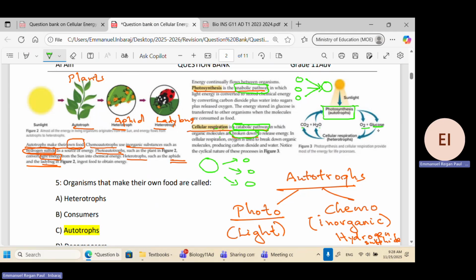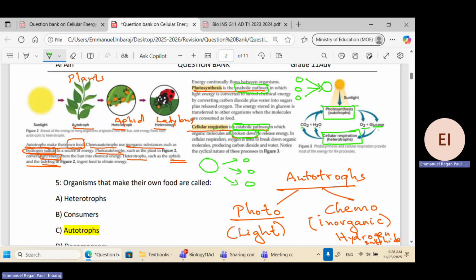Now come back here. Glucose is big already, and this big molecule, glucose, is broken down to smaller molecules, carbon dioxide and water. So this pathway is the catabolic pathway, and that is cellular respiration. So keep this in mind. At the top, you should write photosynthesis, and this is taking place in autotrophs.